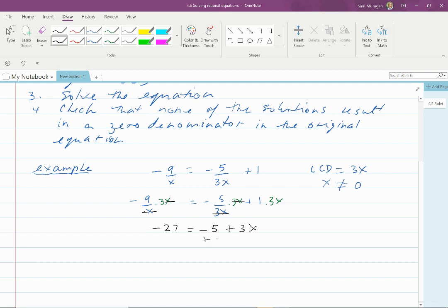Add 5 to both sides. That gives negative 22 is equal to 3x. And then finally divide both sides by 3 to give x is equal to negative 22 over 3. We check to see this answer is not equal to 0, so this is a great answer.